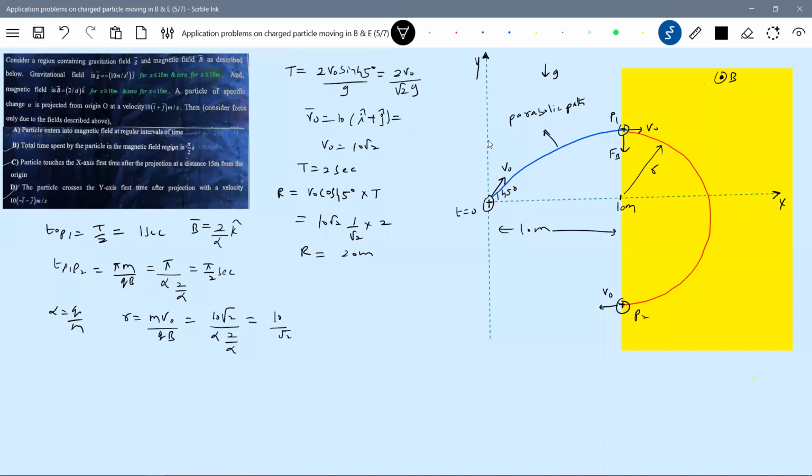I think option C is not possible. 15 meters, 5 meters, option C is also given. Can anybody check the calculation, where am I going wrong? The speed of projection is telling radius 5 meters.